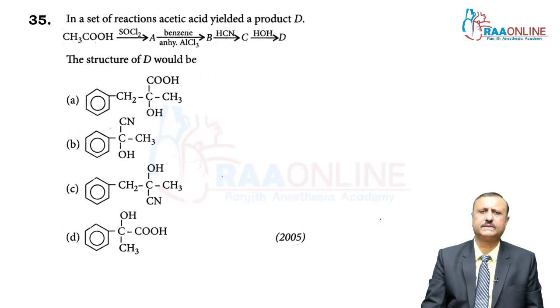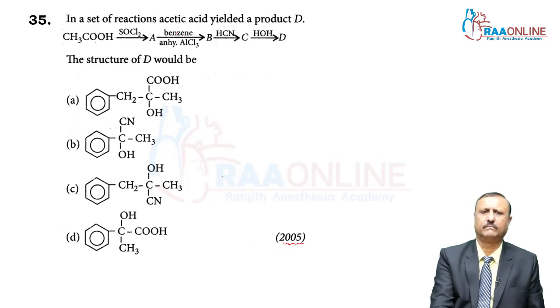Now, my dear students, when we see question number 35, this is a question asked in 2005. This is also a conversion question. Acetic acid: you can write this reaction.